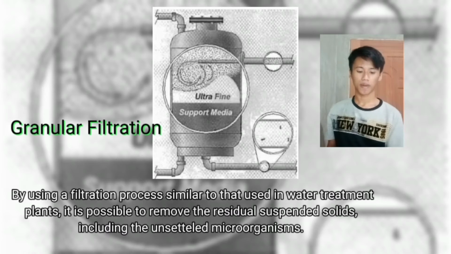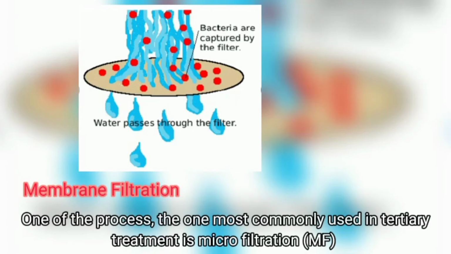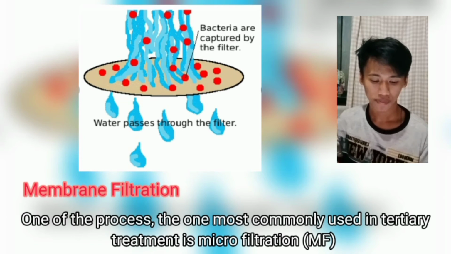Granular filtration. By using a filtration process similar to that used in the water treatment plants, it is possible to remove the residual suspended solids, including the unsettled microorganisms. Membrane filtration. One of the most commonly used in tertiary treatment is microfiltration or the MF.